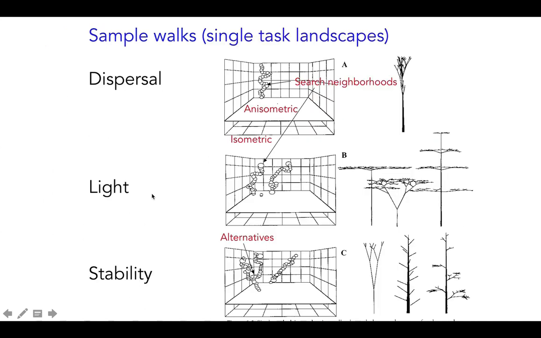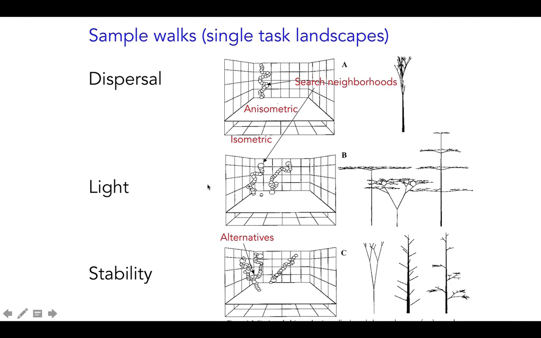Okay. So here are some examples of what these adaptive walks actually look like. If we start from a Cooksonia-like original ancestor, but then we select for different plants that maximize dispersal or maximize light interception or maximize biomechanical stability.